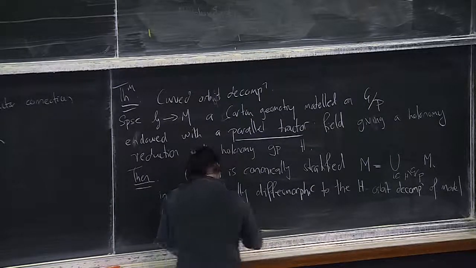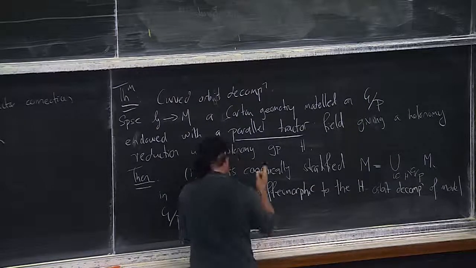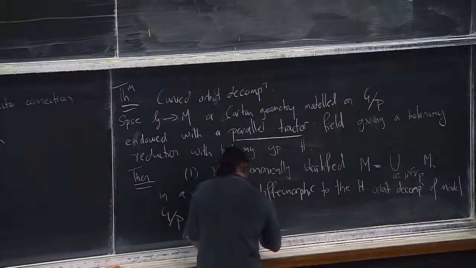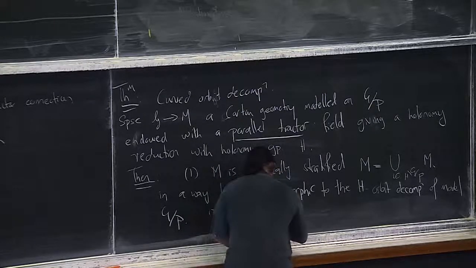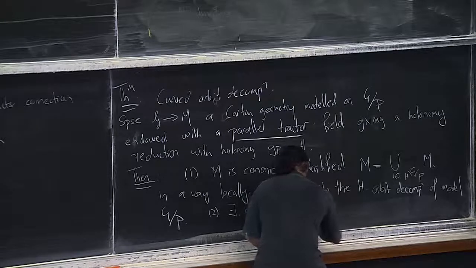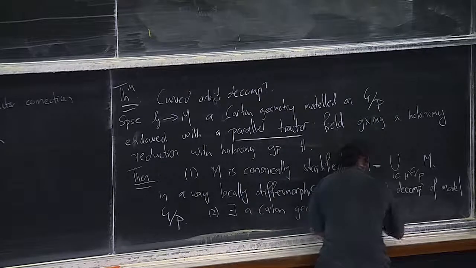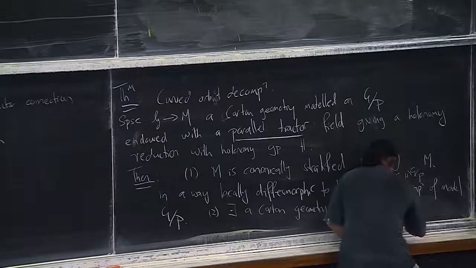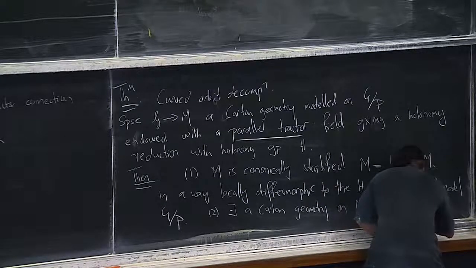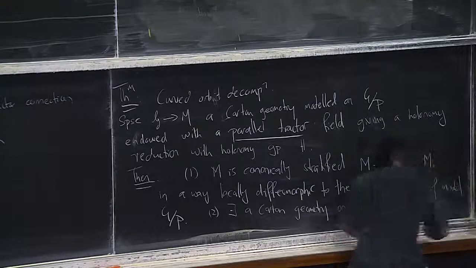And the second thing is that on each of the components of the strata, there exists a Cartan geometry on the manifold of the same type as on the model.